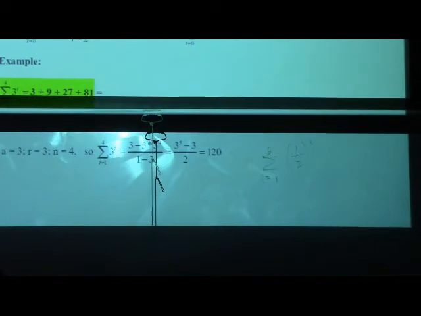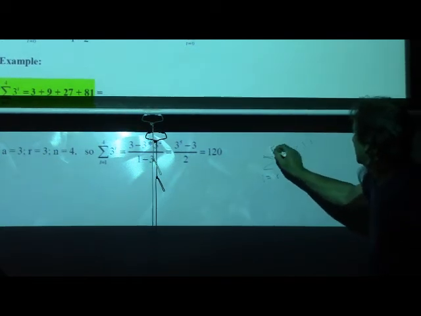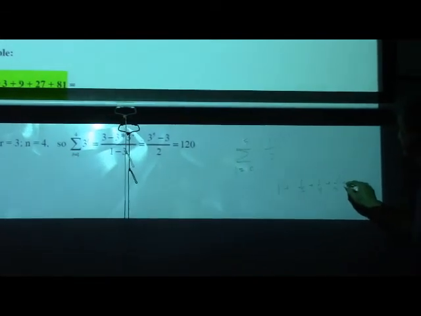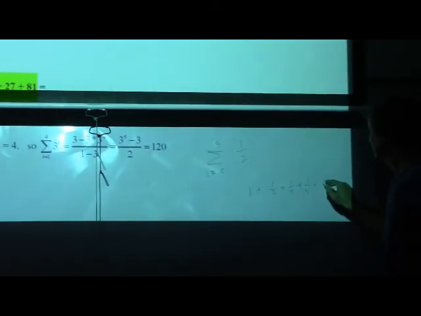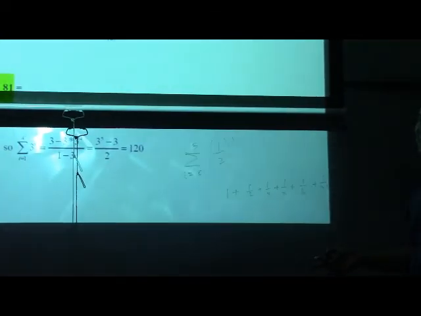First of all, we have to determine it's a geometric series. Let's go from 0 to 5 instead of 1 to 6. So what's the first term going to be? 1. Plus 1/2, plus 1/4, plus 1/8, plus 1/16, plus 1/32. Okay.